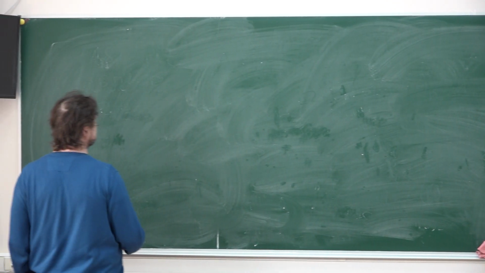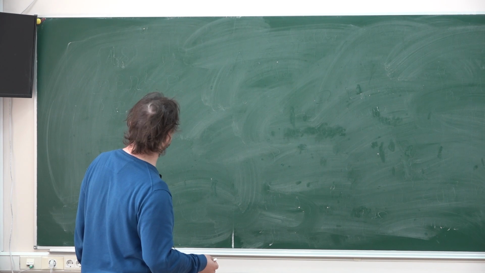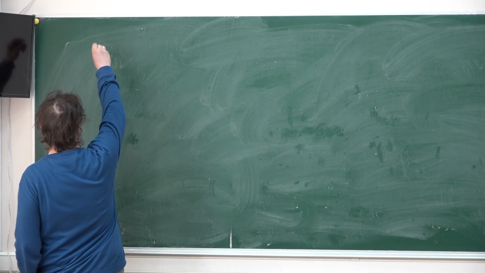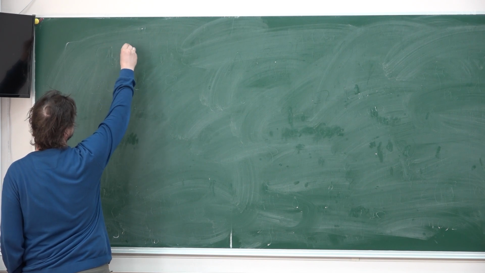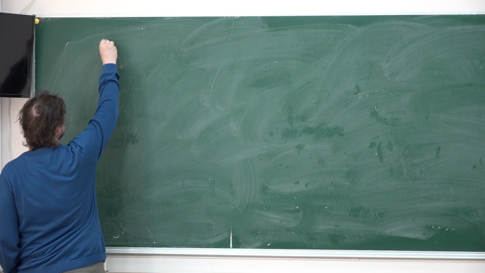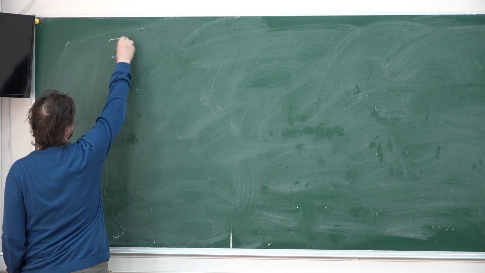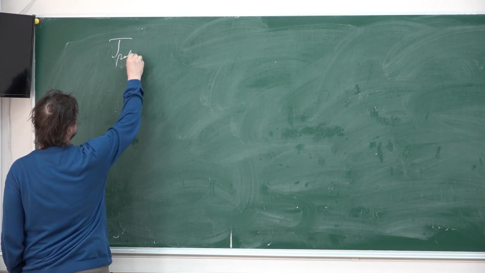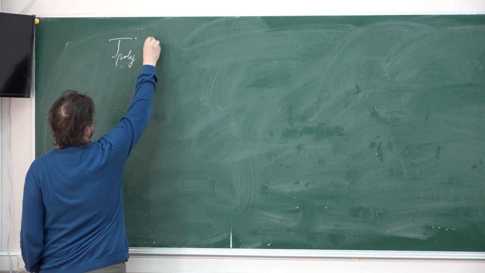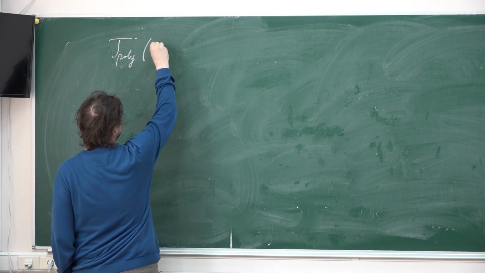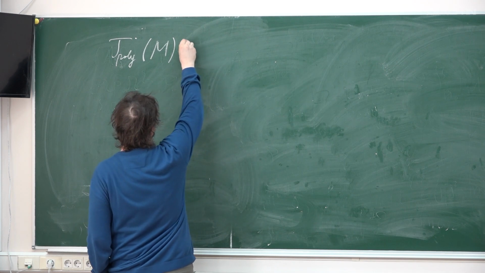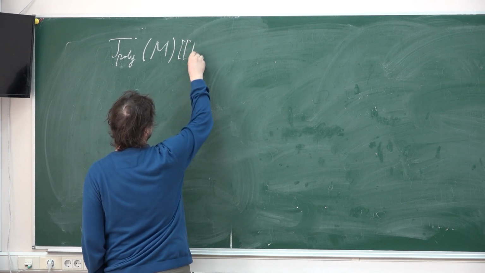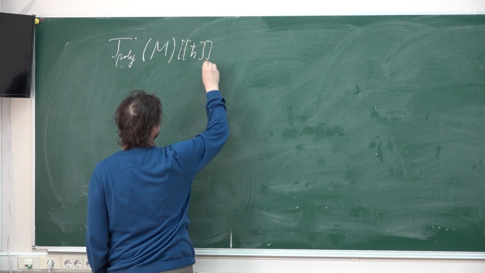So let me return to the idea of Kontsevich quantization. We have two differential graded algebras. One, the algebra of polyvector fields on some manifold M. We extend it by adding formal variable h bar.